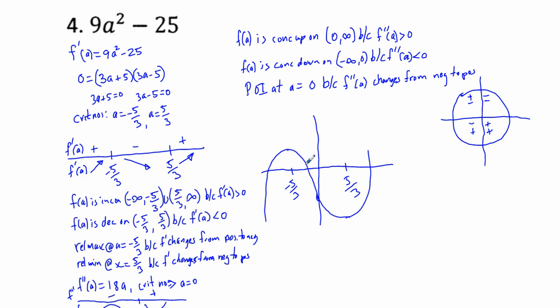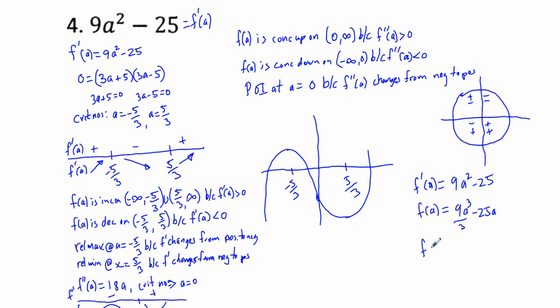And finally, if f prime of a is equal to 9a squared minus 25, then we have f of a is possibly equal to 9a cubed divided by 3 minus 25a.